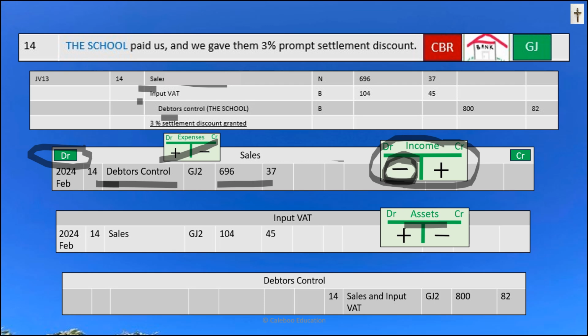Input VAT is an asset. The input VAT has increased because we reversed the output VAT. Increase in assets, the account must be debited.